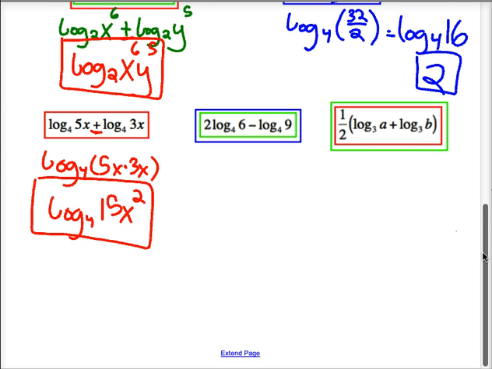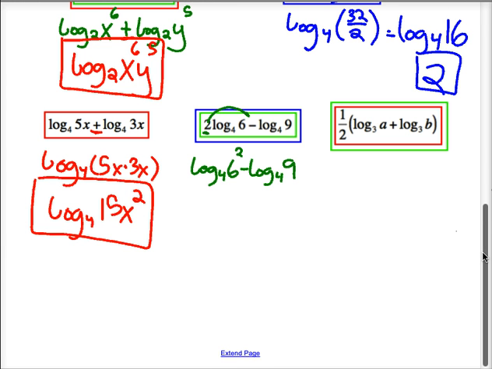All right, so here I see some subtraction, but the first thing I'm noticing is that exponent, or is that multiplier, the multiplier of 2. So first thing I'm going to do is I'm going to turn that into a power. All right.